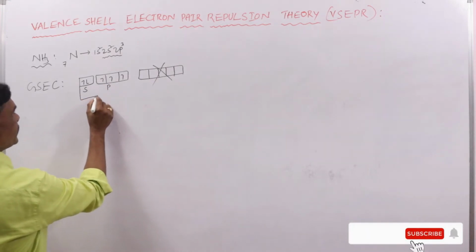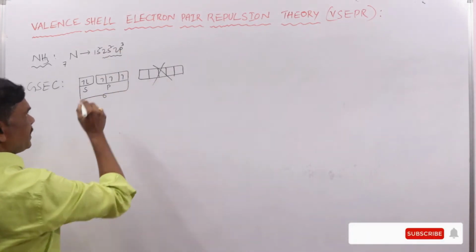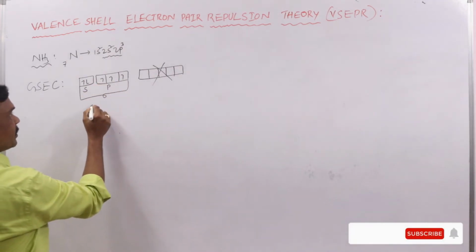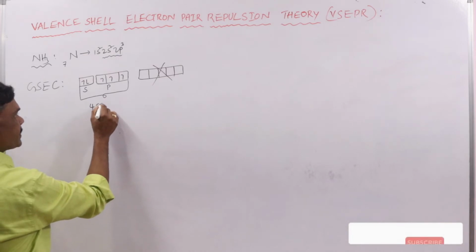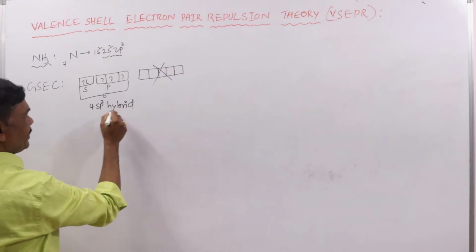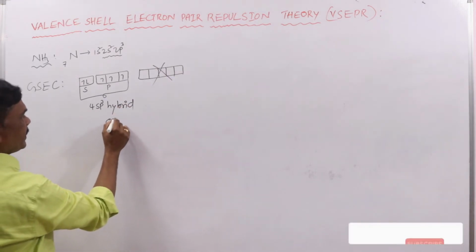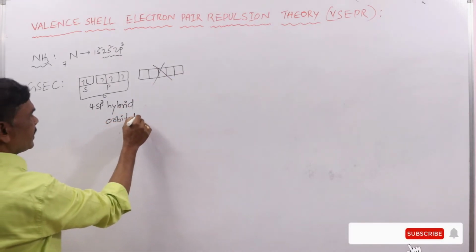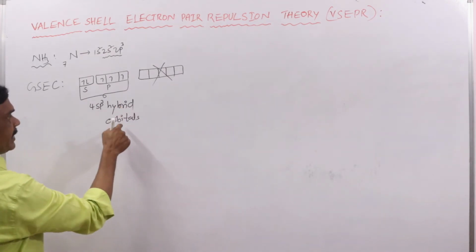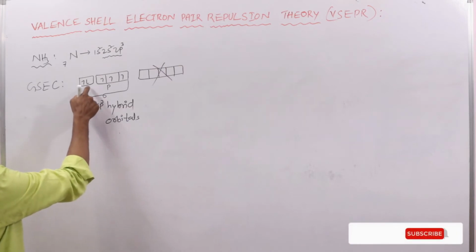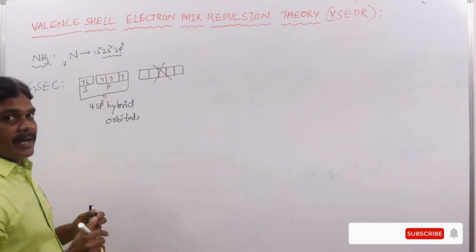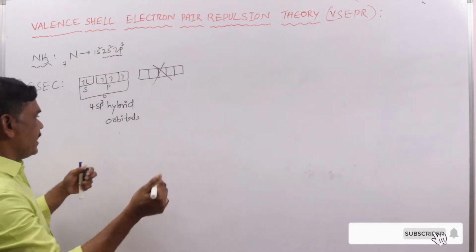So now, what is the hybridization? One s orbital and 3 p orbitals give 4 sp3 hybrid orbitals. Out of the 4 sp3 hybrid orbitals, one orbital has a lone pair and the remaining 3 orbitals have unpaired electrons.